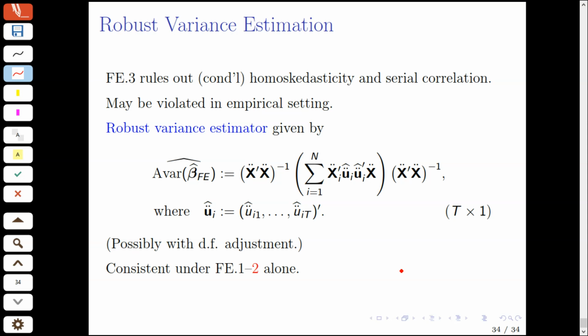Or I should say that fixed effects 3 rules out heteroscedasticity and serial correlation. Of course, this assumption may or may not be violated in an empirical setting. So it would be nice to have an estimator which is robust to FE3. And the following estimator does exactly that.